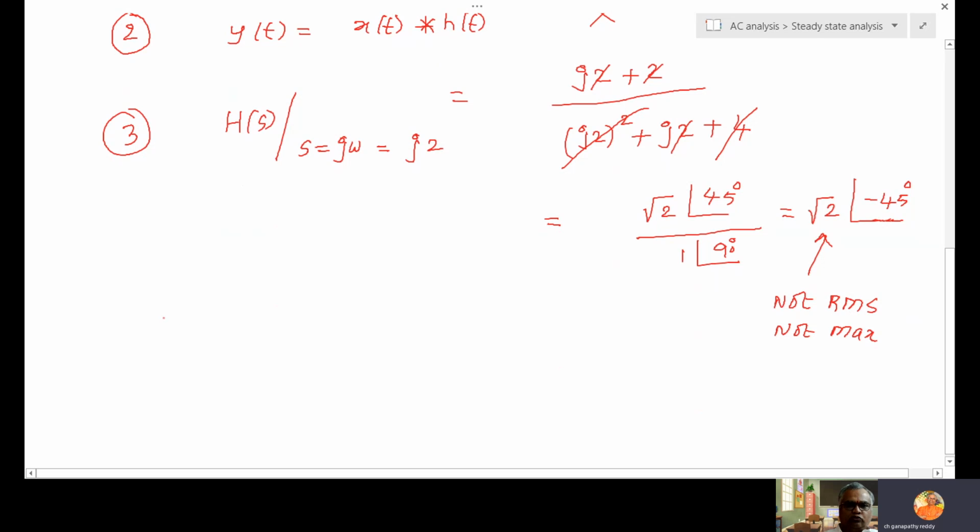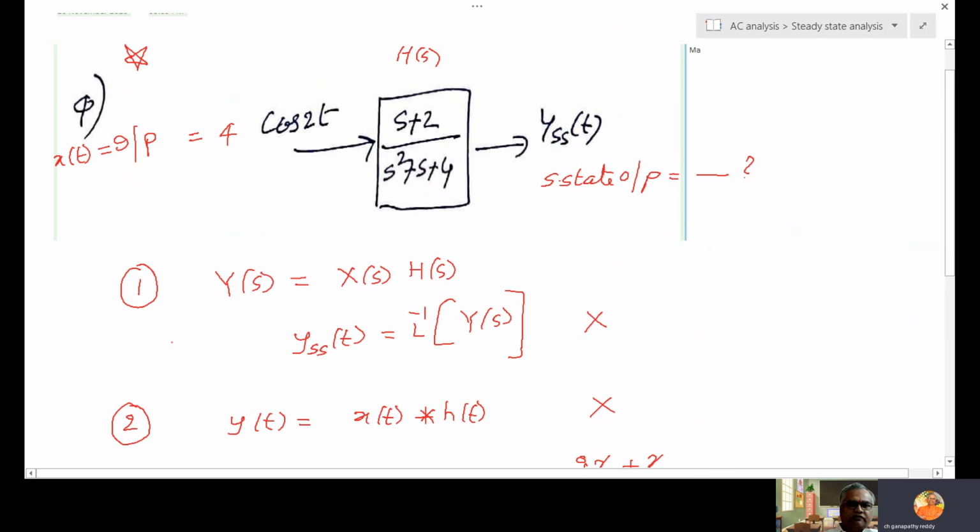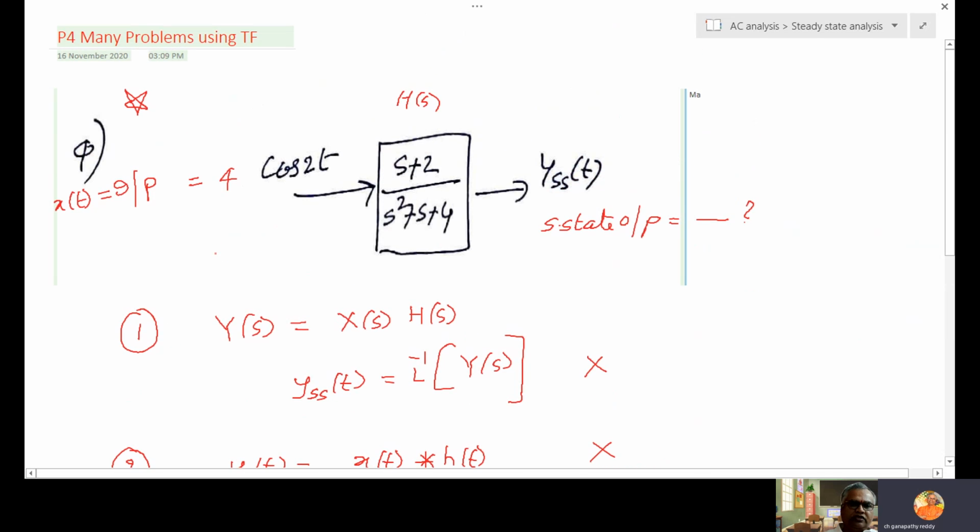Now the output. What is the input signal in phasor form? The input signal phasor form is 4 angle 0, or I will take some value: cos 2t plus some 20 degrees.